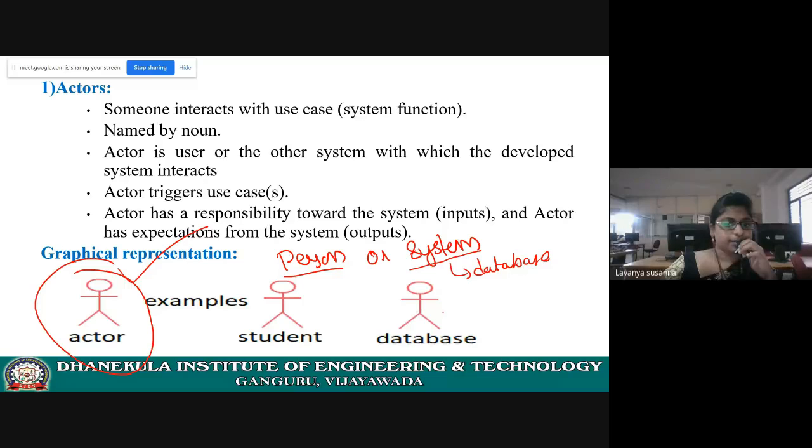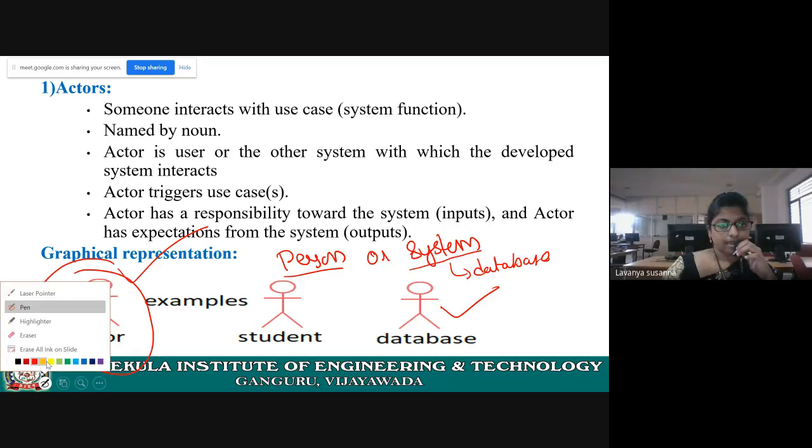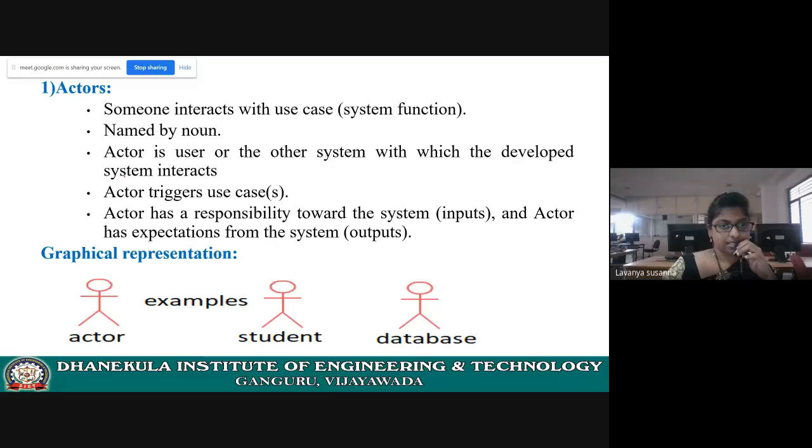Systems are also represented by this symbol because the system you are developing needs to interact with other systems, like a database. You will understand from the example. An actor may be a person, or a system with which the system you are developing is interacting.